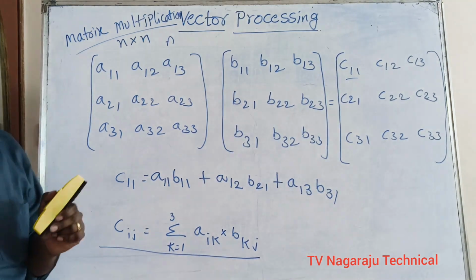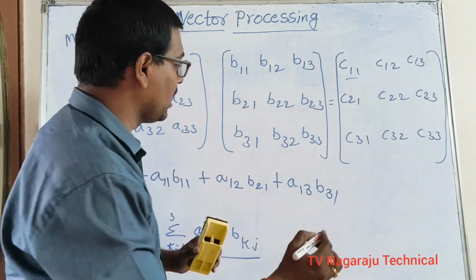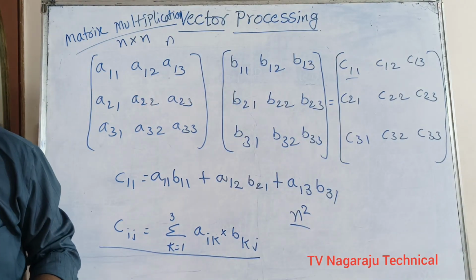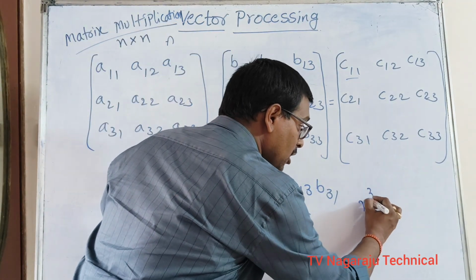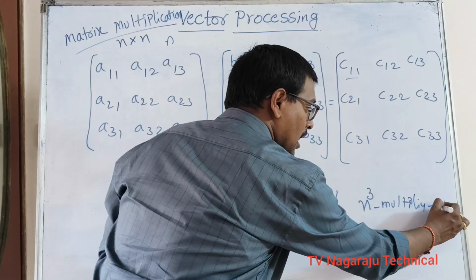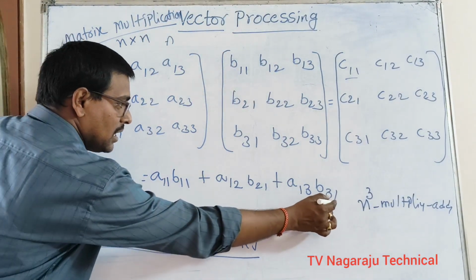This is the way. If it is an n by n matrix, it requires n square inner products, or n cube multiply-add operations. Observe this scenario.